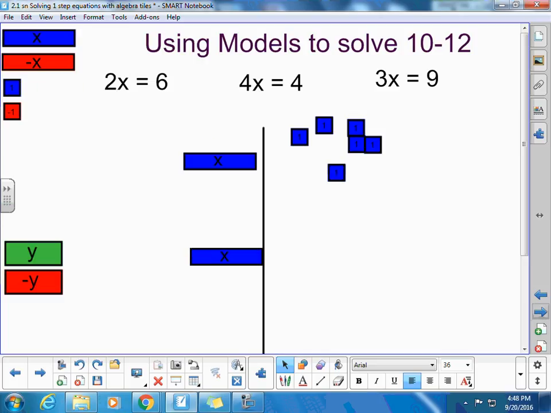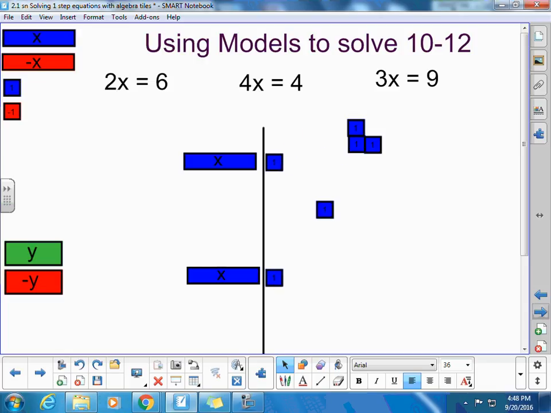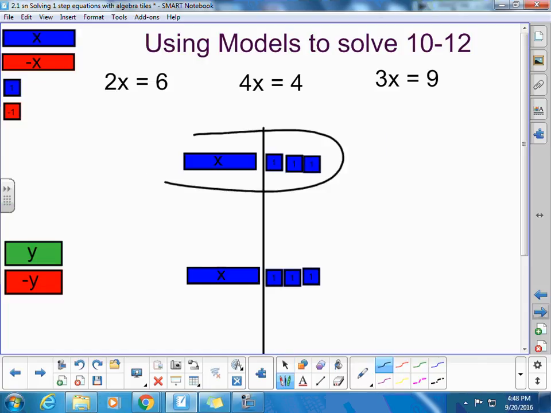I just want to know what 1x equals. So to do that, have you ever split candy or something with somebody? You say, you take 1, and I take 1. You take 1, and I take 1. You take 1, and I take 1. And then the answer is I get 3, or x equals 3.